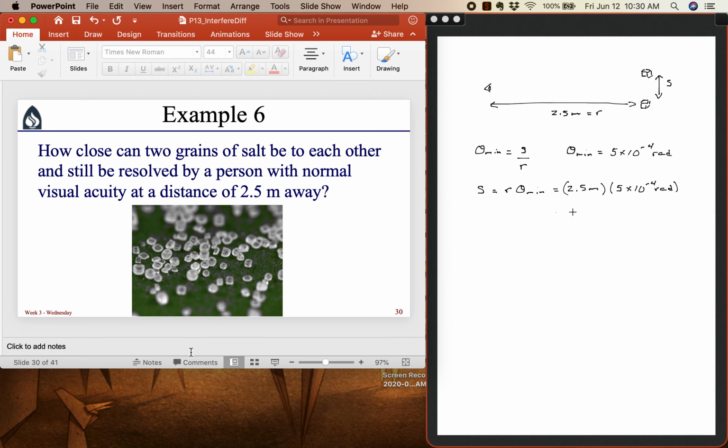And so that gives us a separation distance of 1.25 times 10 to the minus 3 meters. So for an average person with average lighting and viewing conditions, the salt crystals can be no closer together than 1.25 millimeters. If they're closer together than that, they'll kind of blur together and you won't be able to tell that there are two separate salt crystals.